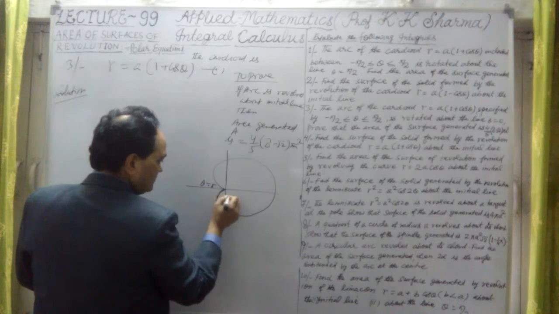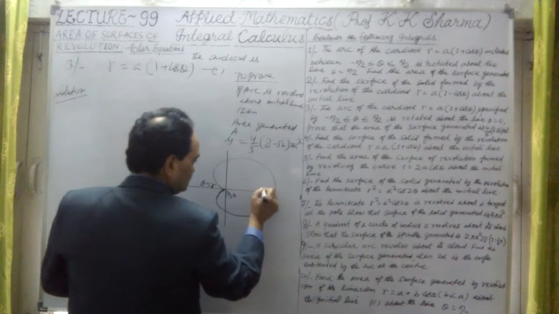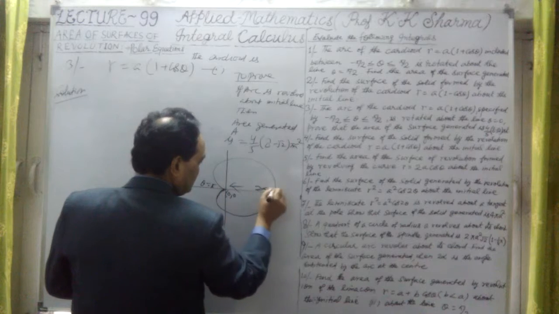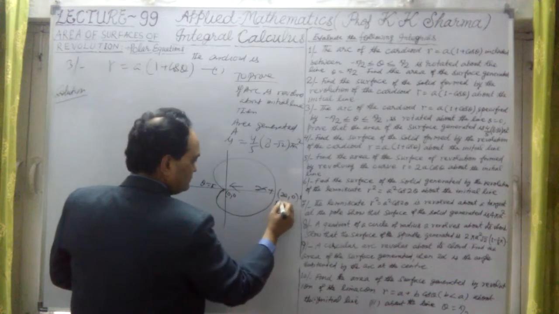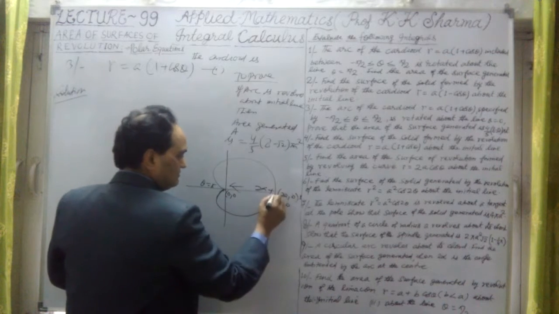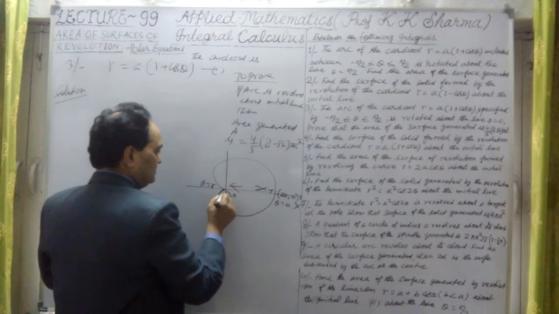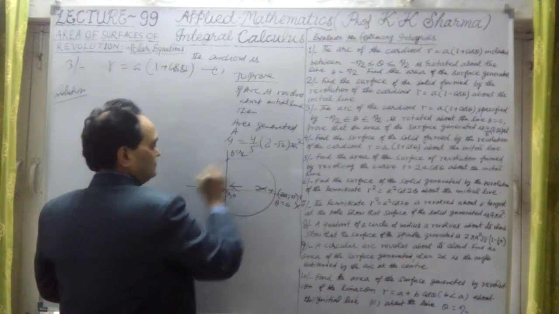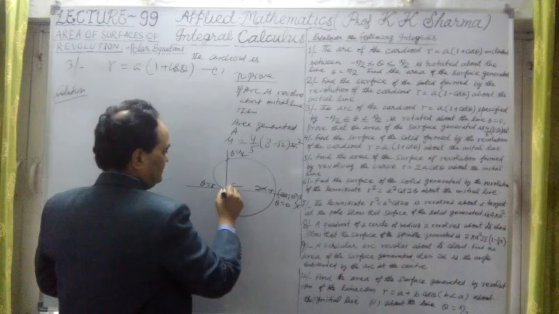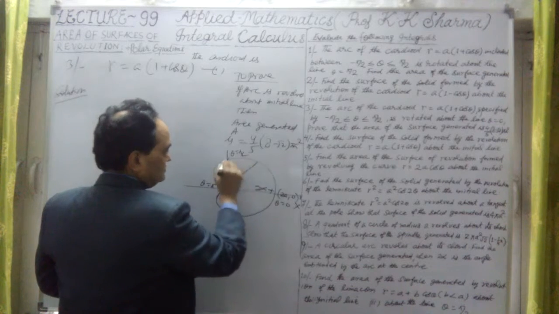Here it is theta equal to pi, so it is 0. Here the length will be twice a, and this is twice a. Theta is 0 here. This is the initial line. Let me take x here, this is point O, and here it is theta equal to pi by 2. No problem. So if I take point P, this is the arc here.